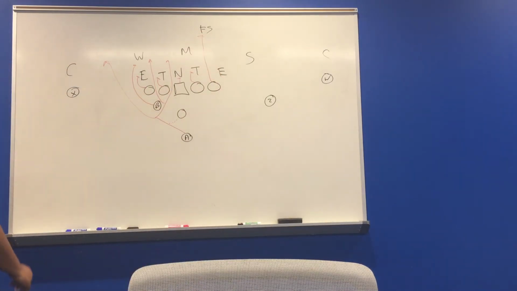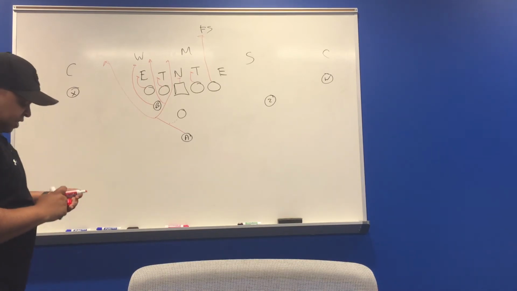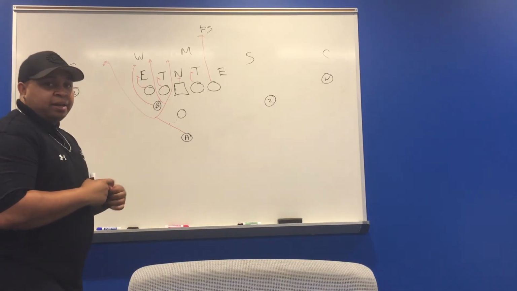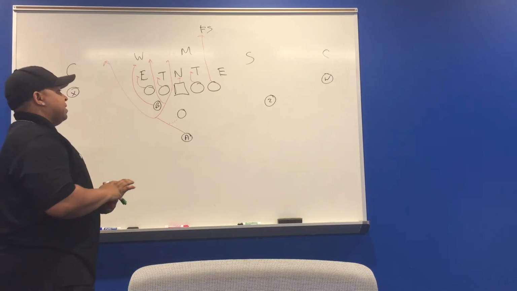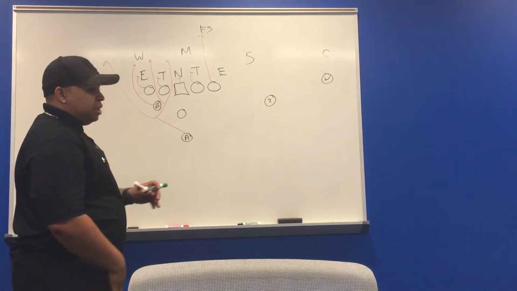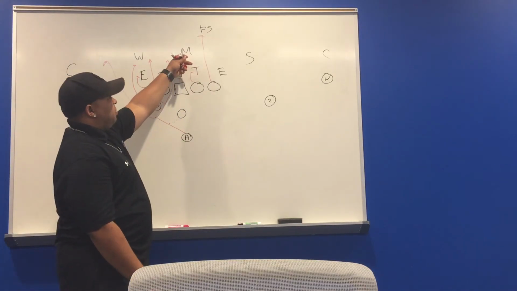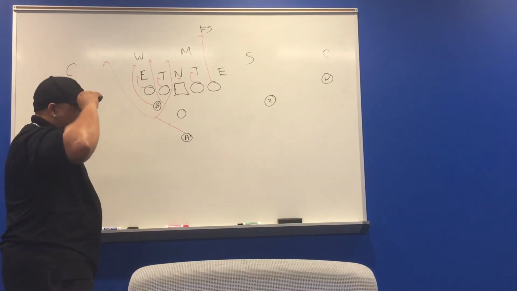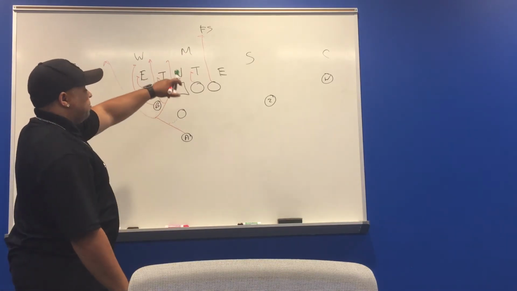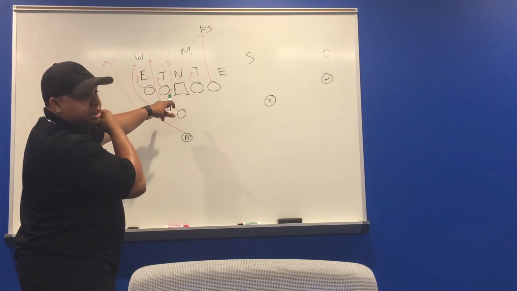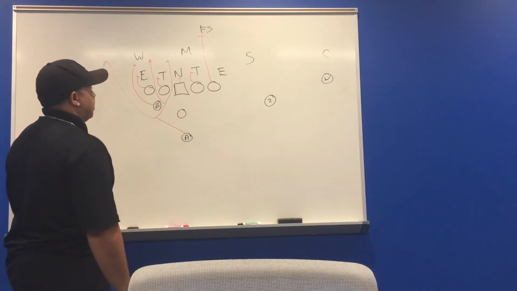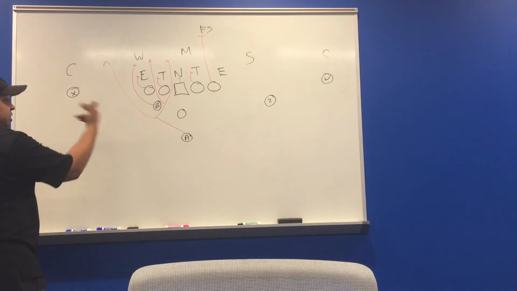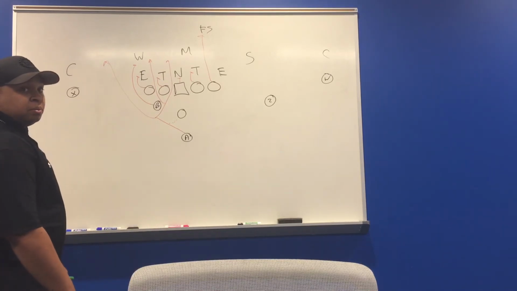Okay? If you've noticed, I haven't assigned anybody to the mic because the mic's not going to be able to make the tackle. The mic linebacker should not be making tackles, folks. Let's be perfectly clear about that. The mic linebacker should be making no tackles. He should be too slow to catch any one of our guys from the middle of the field, especially on outside run.